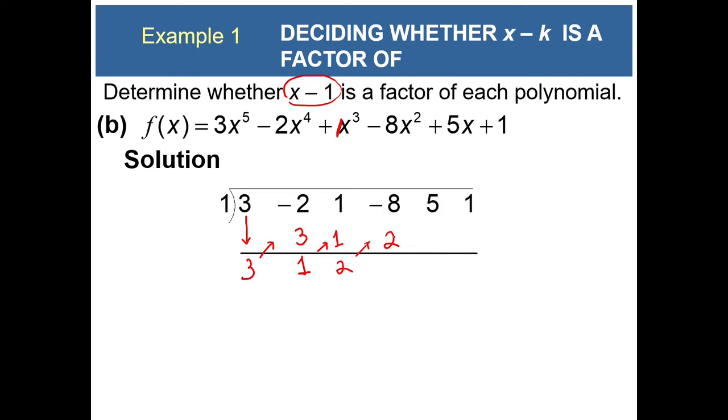Negative 8 plus 2 is equal to negative 6. 1 times negative 6 is negative 6. 5 plus negative 6 is equal to negative 1. 1 times negative 1 is negative 1. And 1 minus 1 gives us 0. So the remainder is 0.